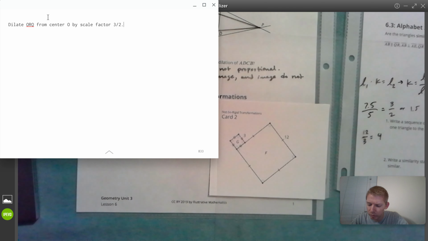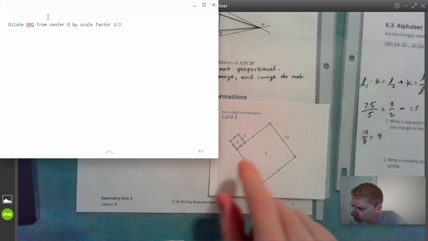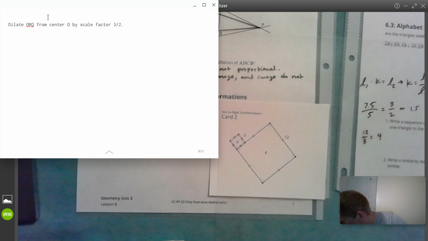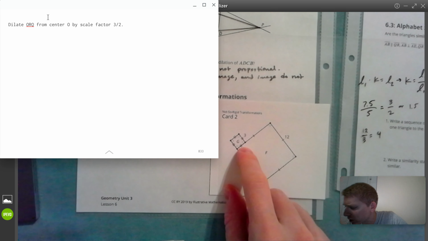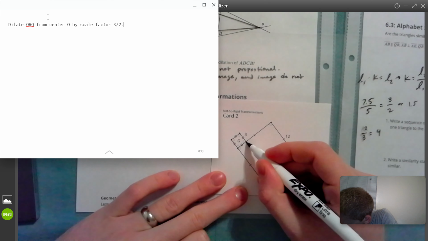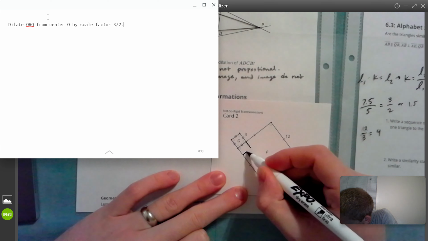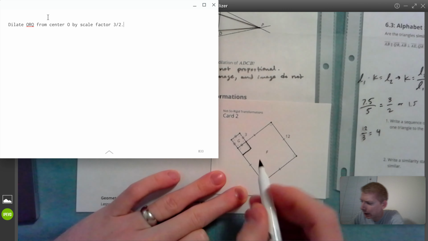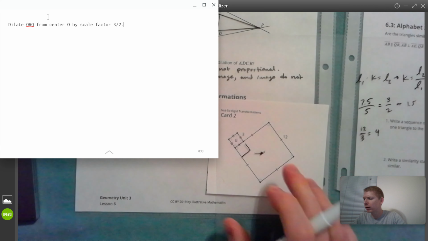So what I want to do first is I want to make sure that this G is right in this corner, like this, so I can dilate out this way.